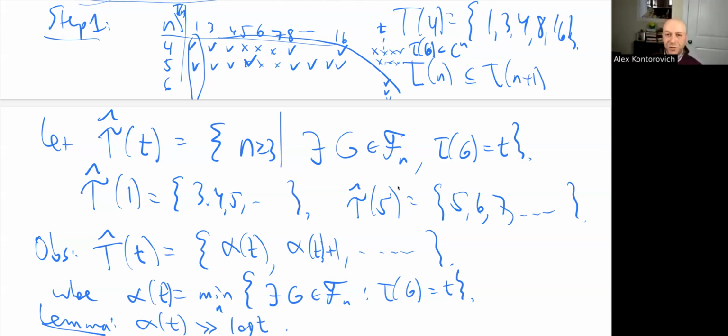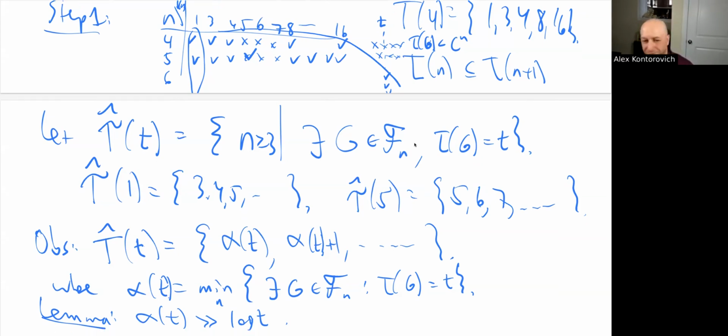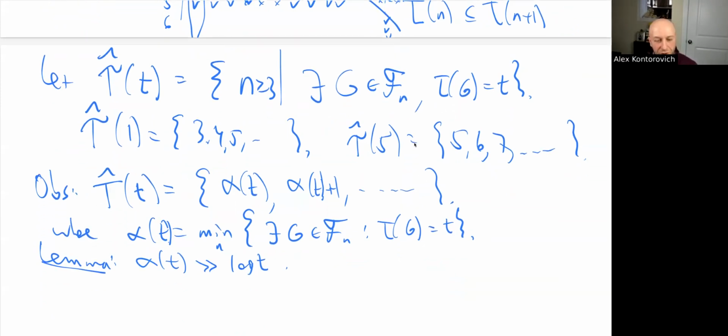So when you're using C_p to find the prime p, that's overkill. You should use something of size log p. Does that make sense? And so the question is, is this bound really best possible?